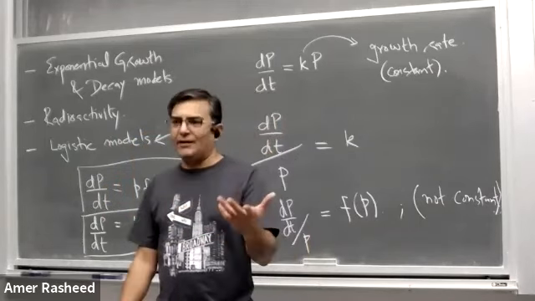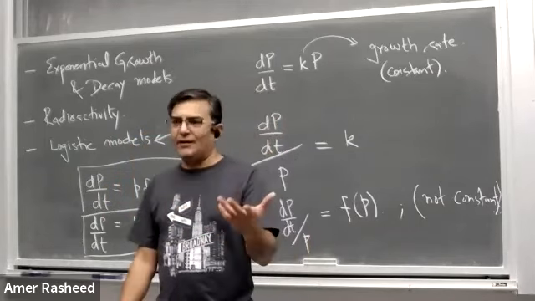In fact, these conditions which we put on this growth rate function: whenever we have p, here we have f of p. When p is 0, the growth rate is k, it's a maximum. Whenever p increases and reaches its maximum capacity, the growth rate will be 0.